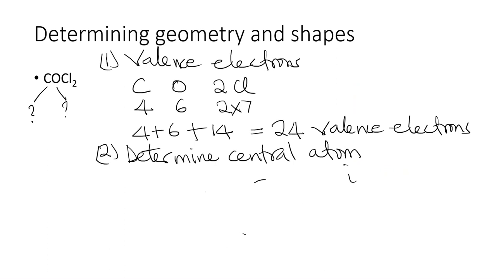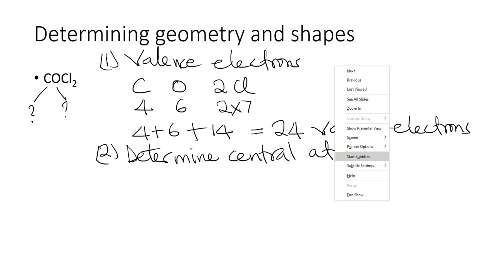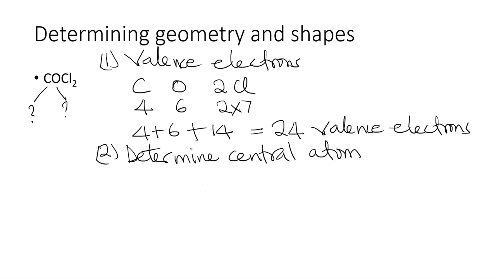So what we are going to do is put carbon in the middle here as our central atom, and then put one chlorine here, another chlorine here, and then an oxygen there.